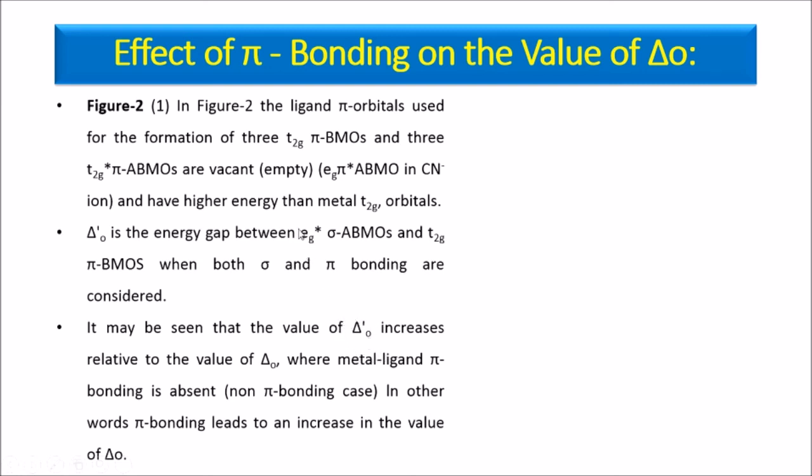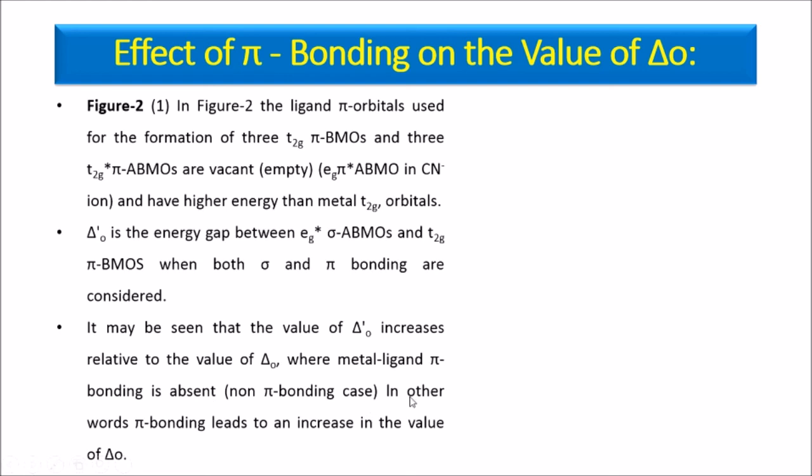So in pi donation, we studied that delta dash O is less compared to delta O. Now in pi acceptance, delta dash O increases relative to the value of delta O where metal ligand pi bonding is absent, the non-pi bonding case.